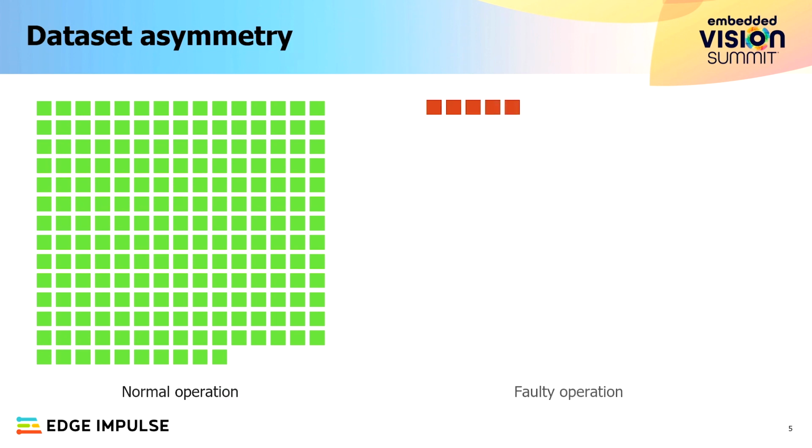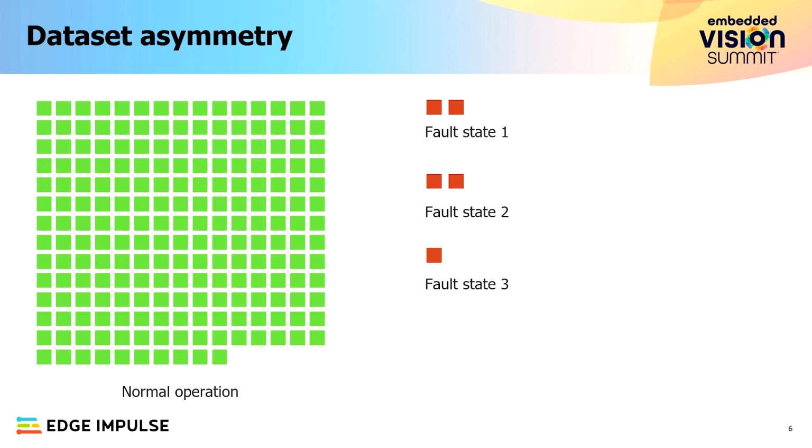And thus making this negative or this unknown class is really problematic. And it gets even worse if you think, well, all my fault data is probably not a single class. It's probably, in this case, 3 different fault states. And it means that the asymmetry in my data set gets even bigger. Lots and lots of good data, very, very few examples of fault states. And there's probably a bunch of cases where your model can fail that you actually don't know about yet.